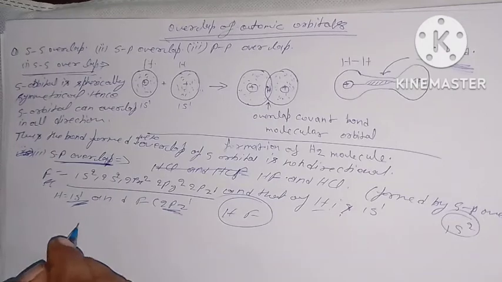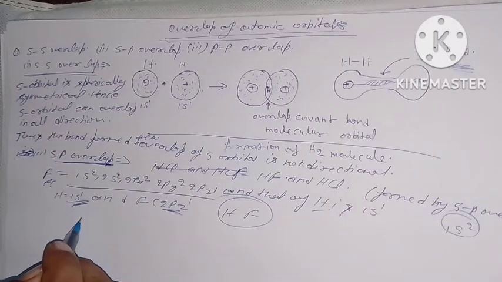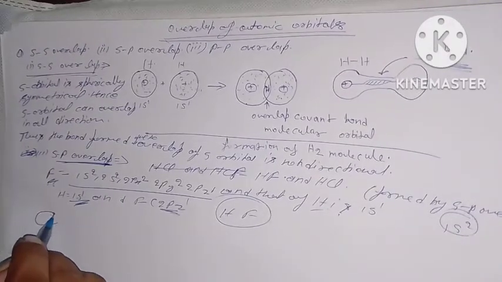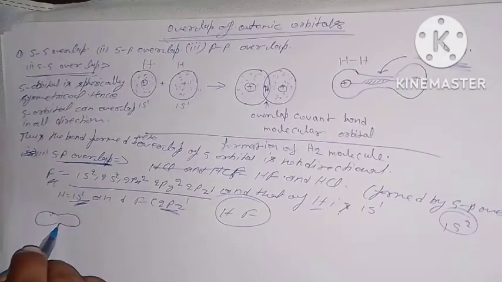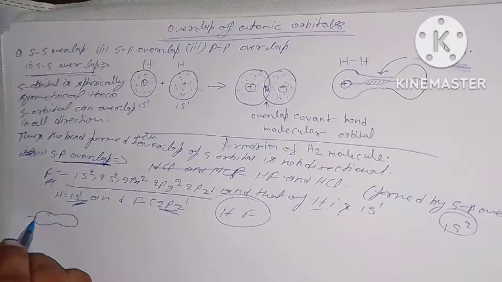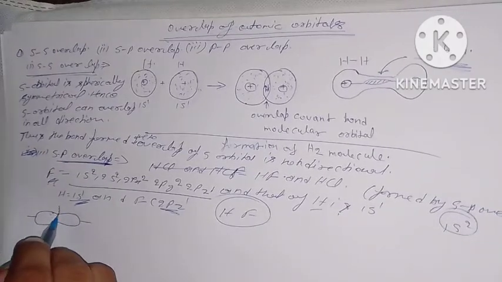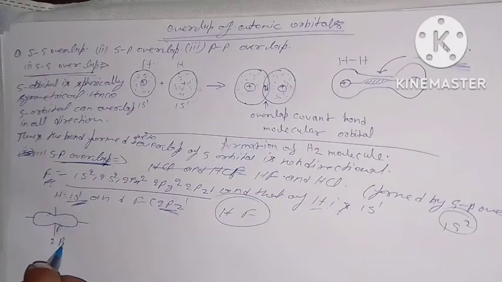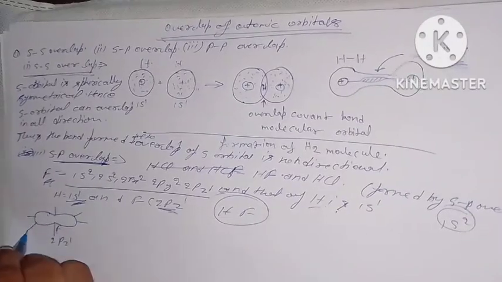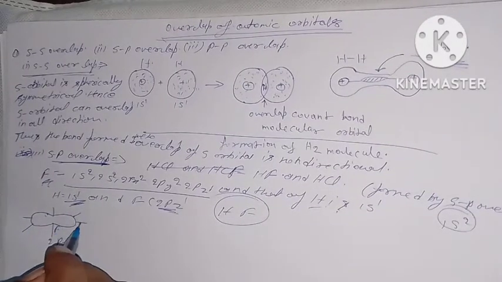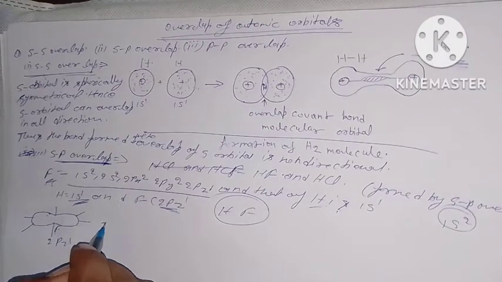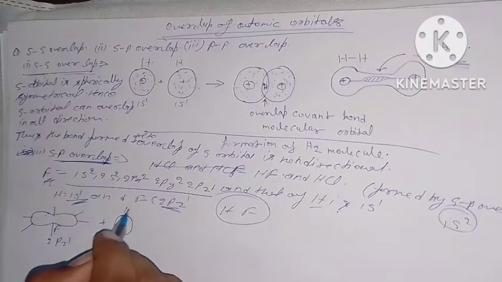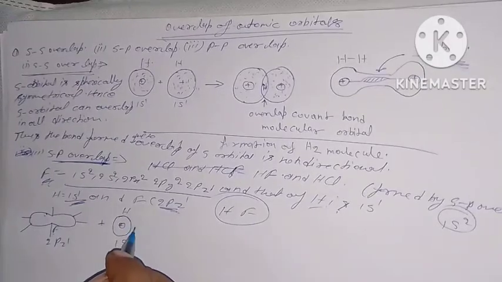This is fluorine with 2pz1 in the direction of Z, plus this is the hydrogen atom, H 1s1.